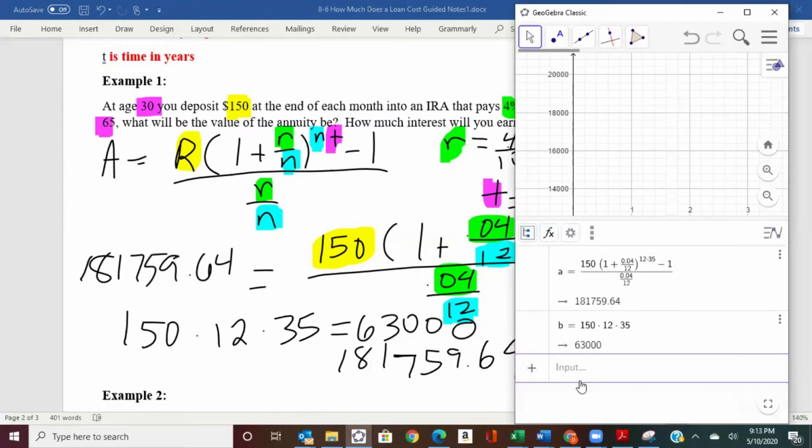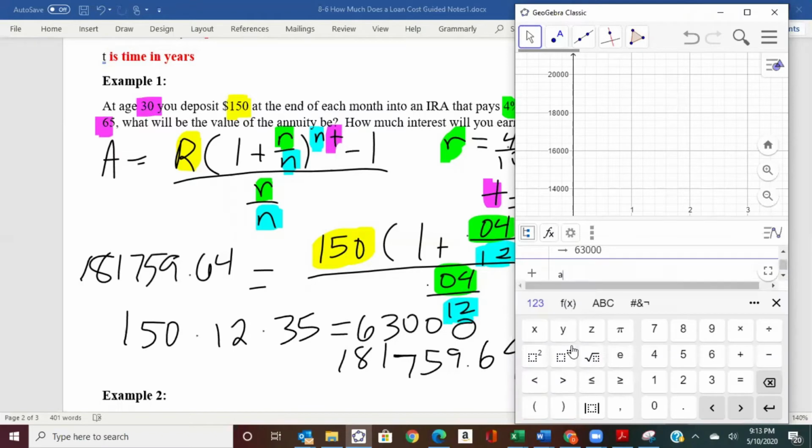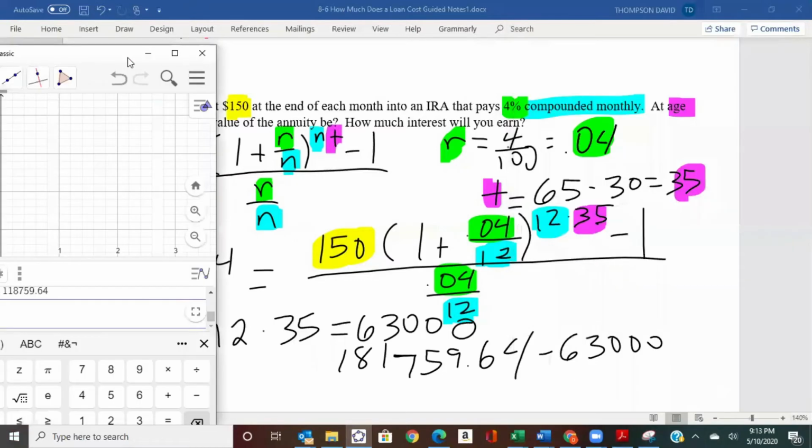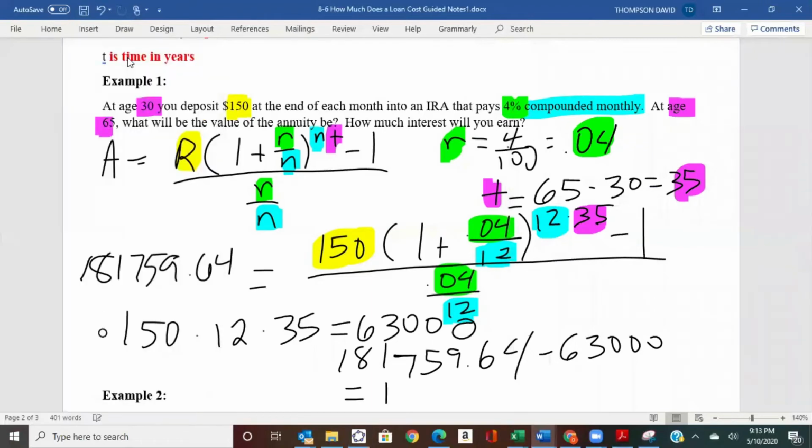So all I have to do is A minus B. What's nice about Geogebra, it makes a value for you, so you just have to retype it. So we made $118,759.64 in interest.